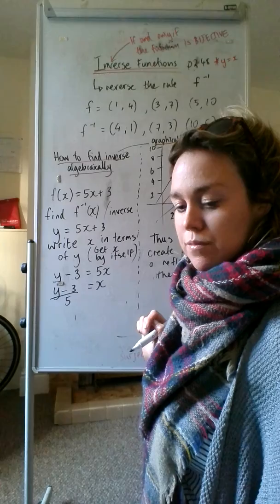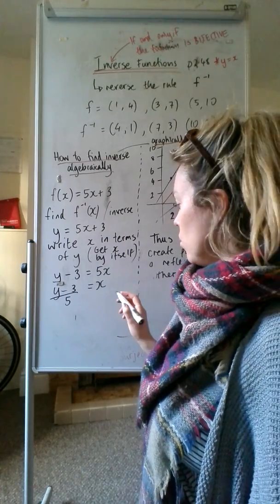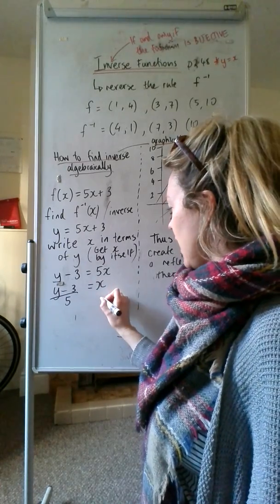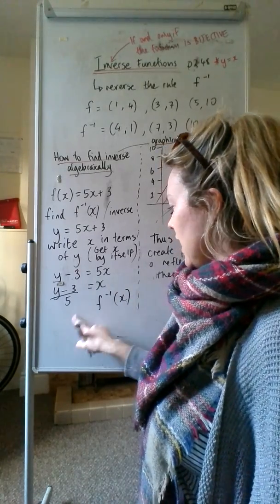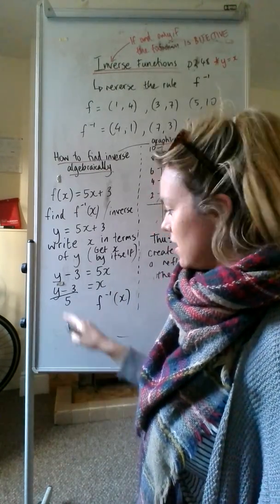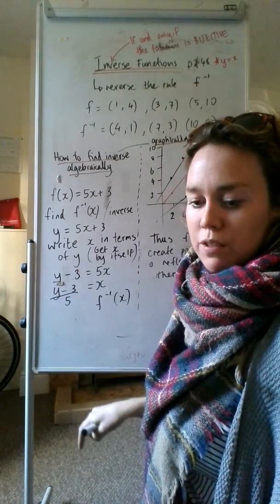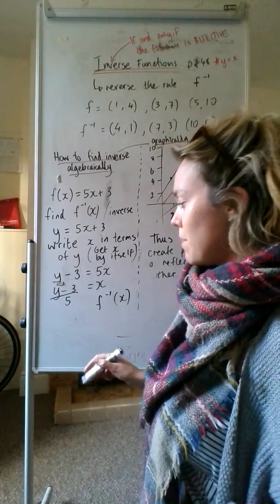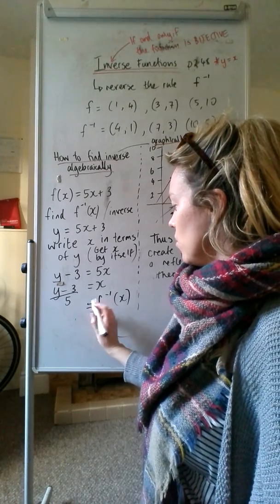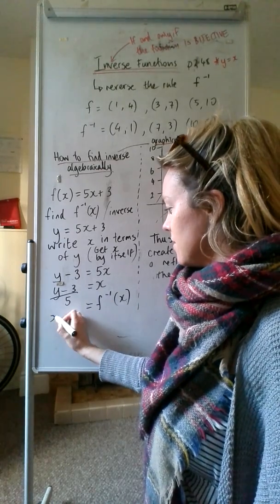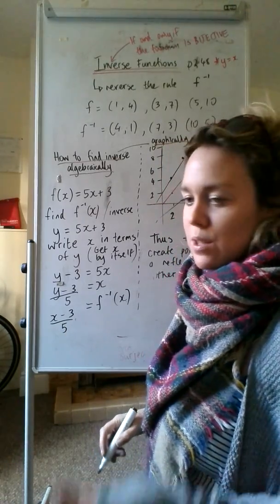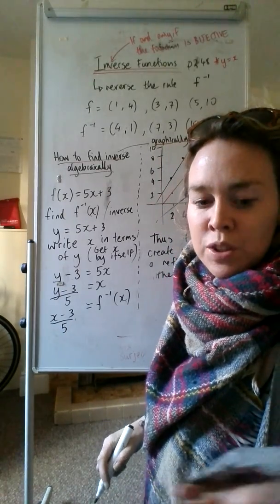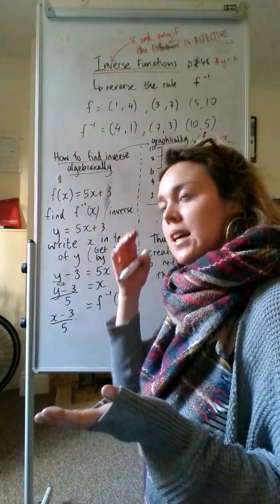But just notation wise, we want to call this f inverse of x. And what we have at the moment is the y over here. So what you're actually going to do is replace that y now with an x. Seems a bit strange to do, I know, but if you were plotting this, you would have the function and you'd have then its inverse.